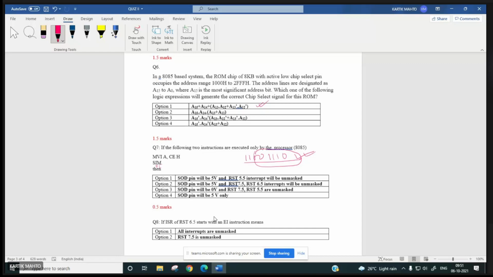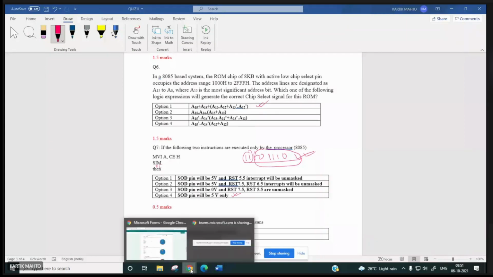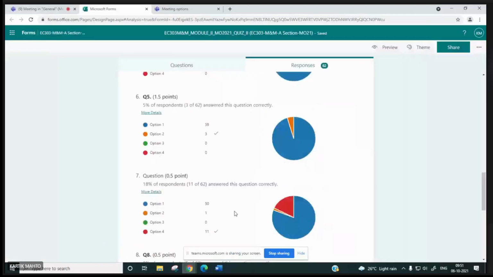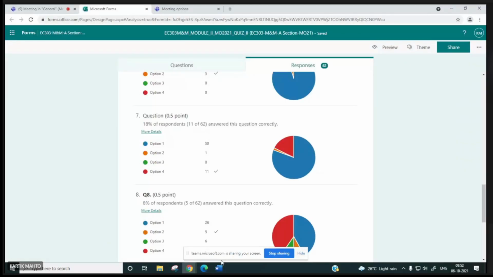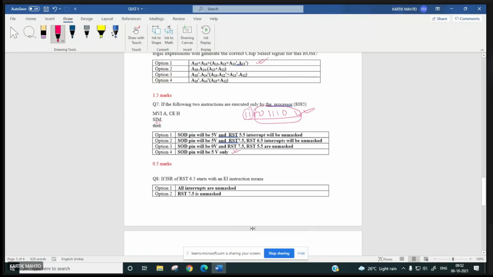Only these two are valid, so SOD pin will be only 5 volt, right? So how many of you gave the correct answer? Option 4. Then question number 8. Hello?